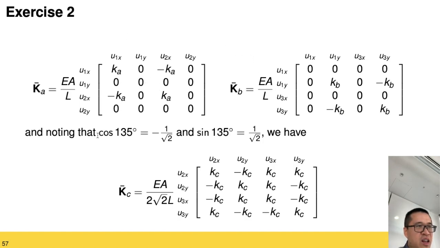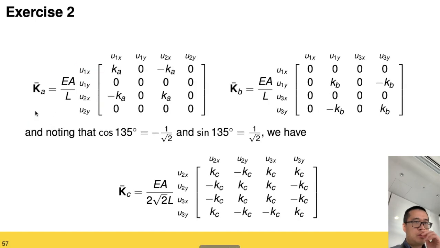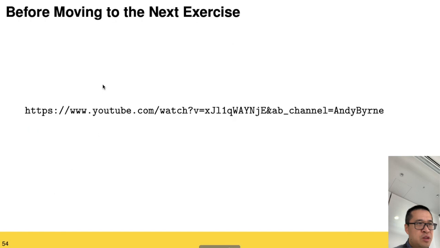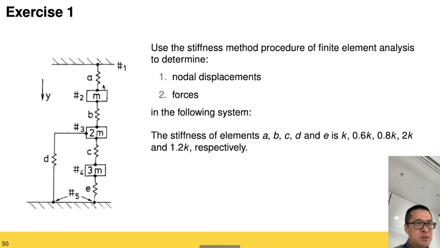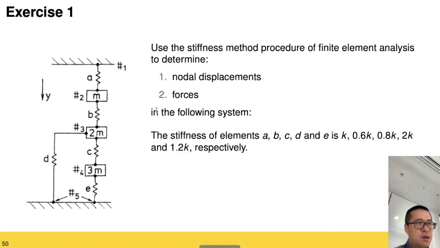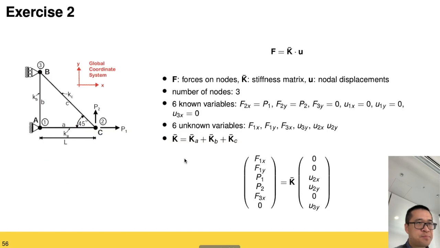If you understand how to work out Ka, you will be able to work out similarly the matrix for element B, which is this one here. Now for element C, remember we need to use the stiffness matrix that we established before, which is this one, but noticing that the angle to the x direction is 135 degrees.